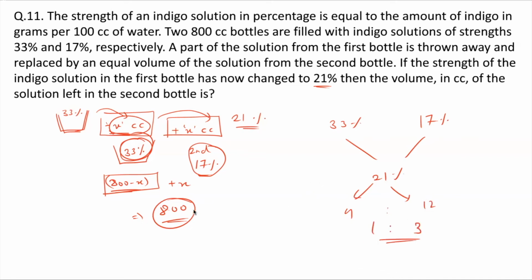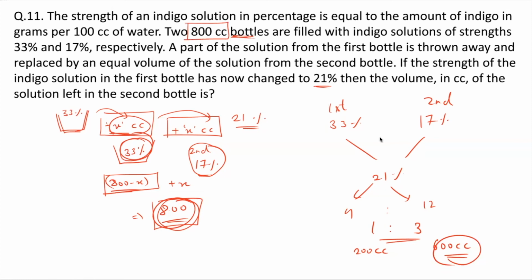That means of the 800 cubic centimeters of total solution, the ratio of the first solution and the second solution is 1:3. So 200 cubic centimeters of the first solution was taken and 600 cubic centimeters of the second solution was taken. Now, the second solution also was in an 800 cubic centimeters bottle, right? From that, you remove 600 cubic centimeters to give overall 21%.